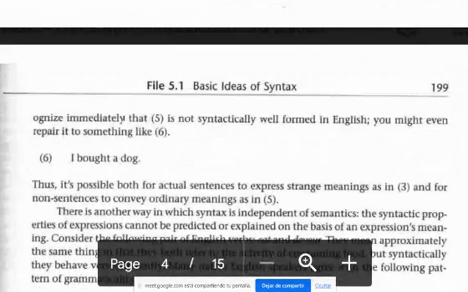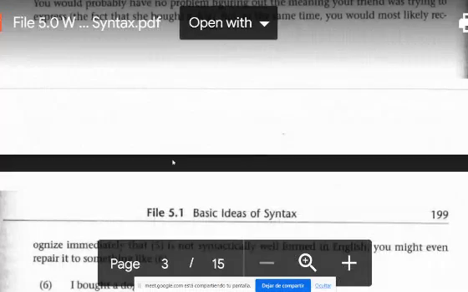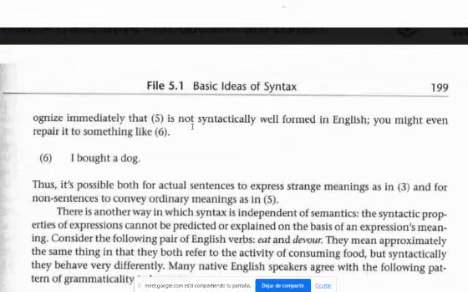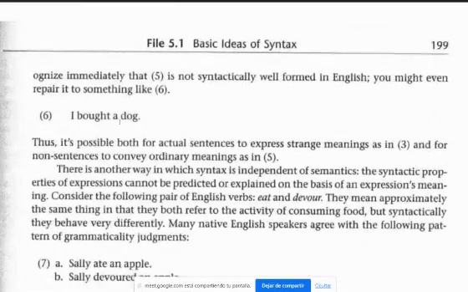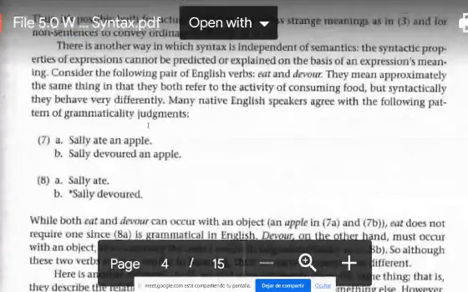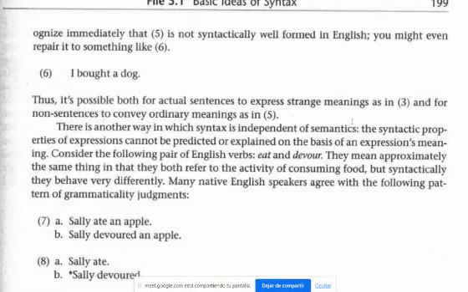Prescriptively, not correct. Recognize merely that 5 is not syntactically well-formed in English. You might even compare it to something like, "I bought a dog." Thus it is possible both for a sentence to express a strange meaning and for a non-sentence to convey an ordinary meaning.